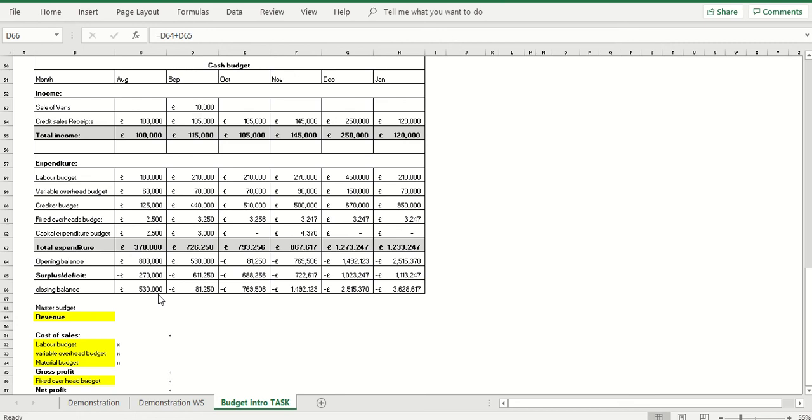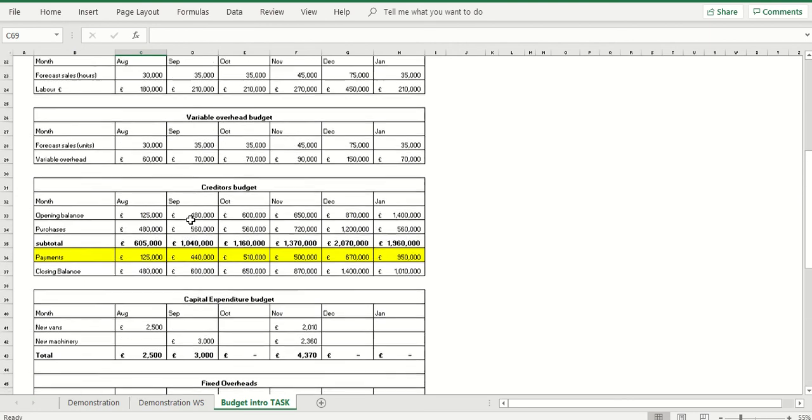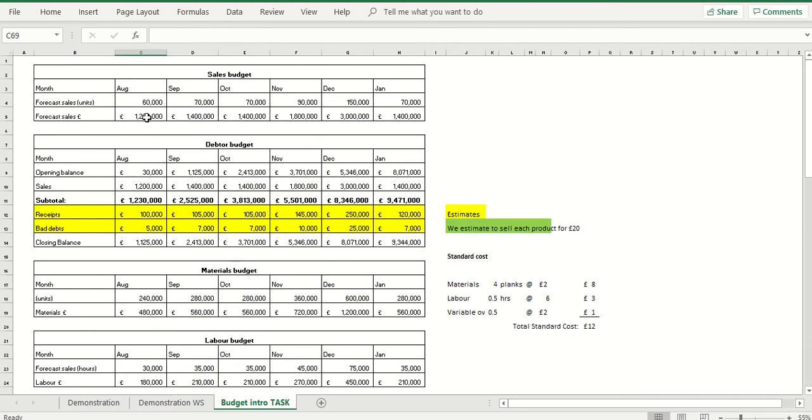And finally what we're going to do is calculate our master budget, in other words our master budget for our profit and loss account. So what we're going to do here is calculate our revenue. Our revenue for this period is simply going to be all of the months added up together. That's going to be our total income.